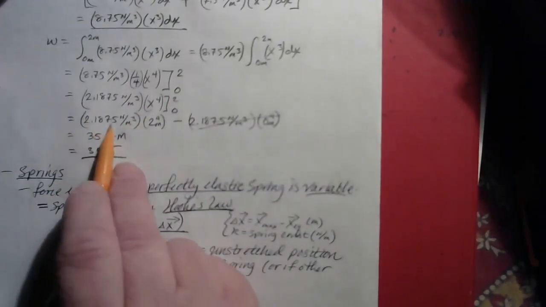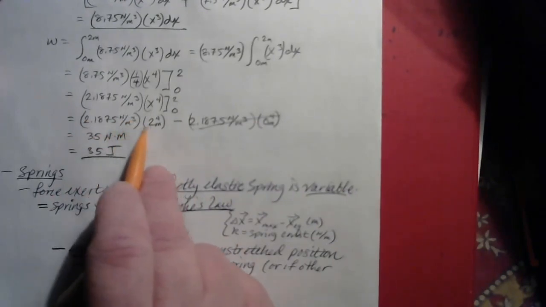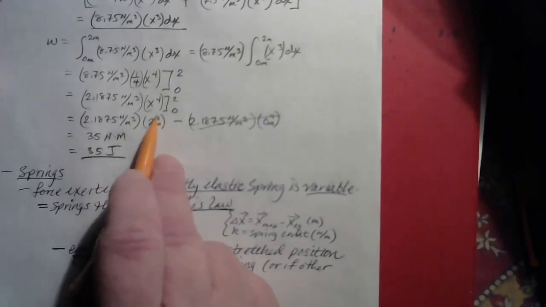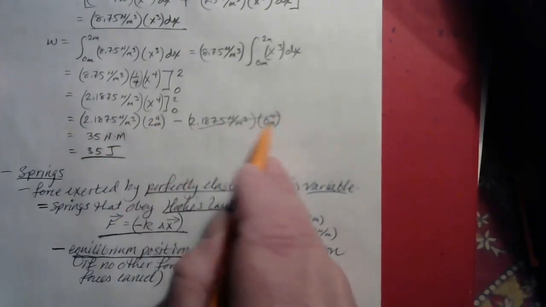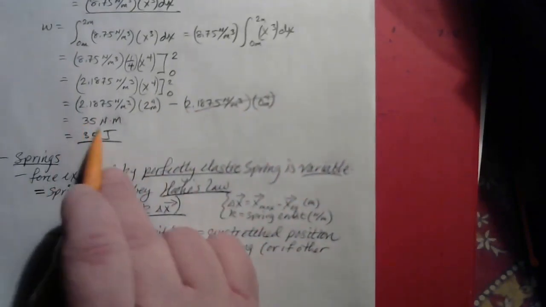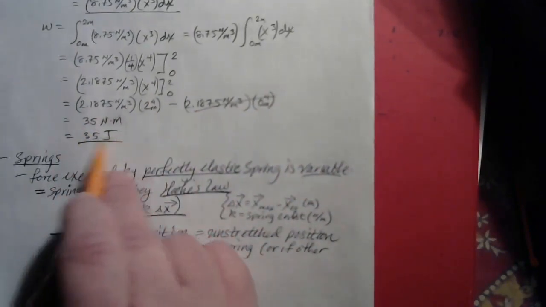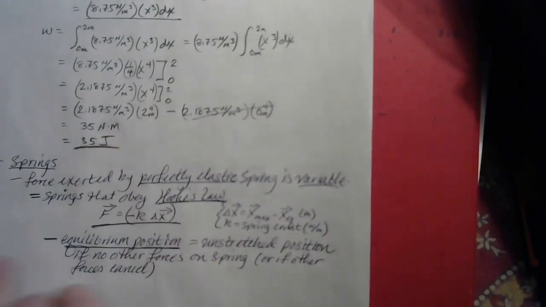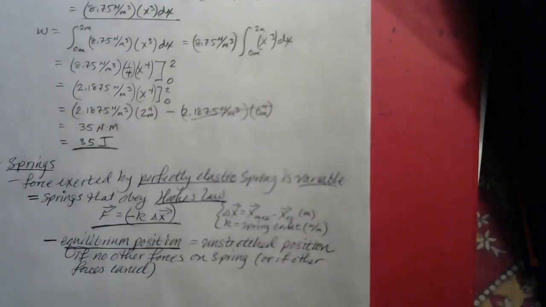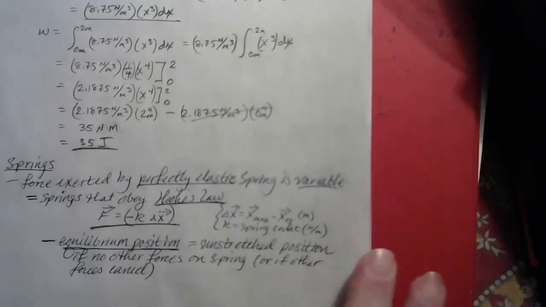So we have 2.1875 newtons per cubic meter times 2 meters to the fourth power, minus the same only with 0 meters to the fourth power, which is of course 0. So that term drops out and we get 35 newton meters, or in other words, 35 joules. So there you go. Not too difficult.